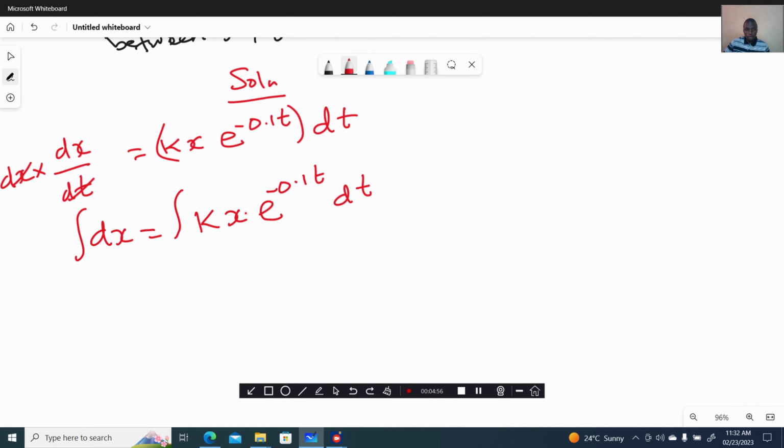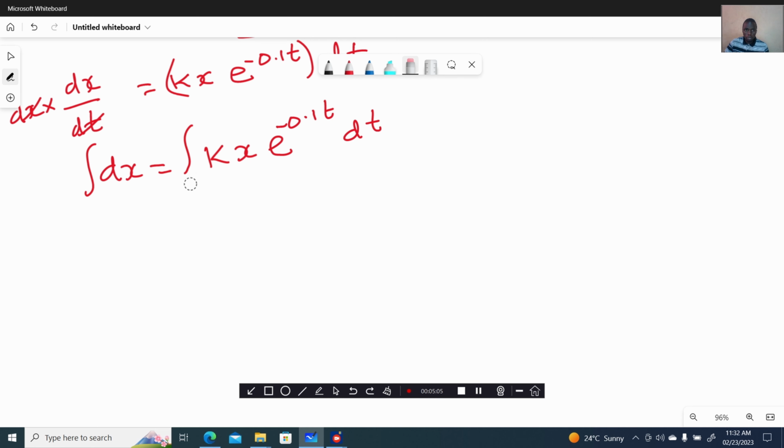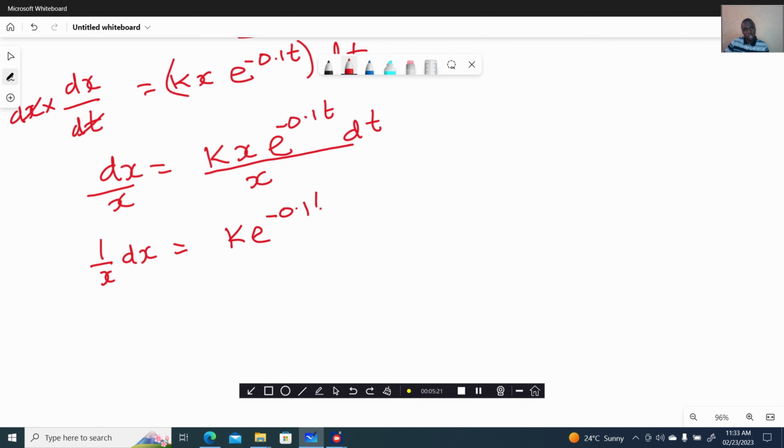But before you integrate, ask yourself, do you have the variables of the same type on one side? In this case, I will not integrate first. I will collect the terms, ensuring that x is on one side, so that I have 1 over x dx equal to k e to the power of negative 0.1 t dt. Then integrate on both sides.